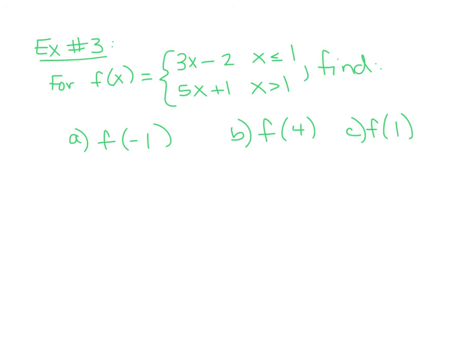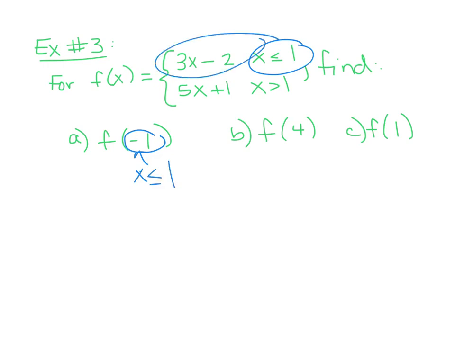A lot of people get confused because they see 2 equations above and they know that they only need one answer. So what you're going to do is look at this value -1. We know that that is less than 1, looking at the domain here. So you're going to use the x is less than 1 equation, this one right here.